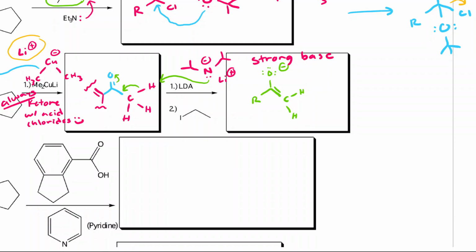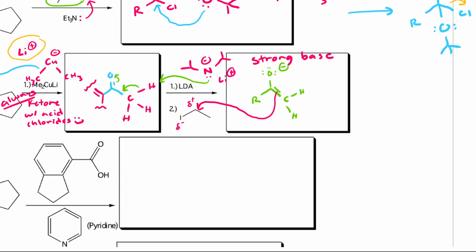In this case, it's going to attack this carbon here that's bonded to the iodine. And the reason it's going to attack this particular carbon and not this carbon at the far right side is that iodine is very electronegative, so it has a partial negative charge. And this carbon, as a result, has a partial positive charge between this bond here.